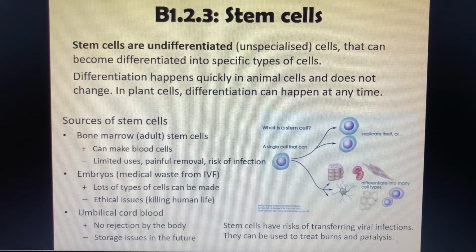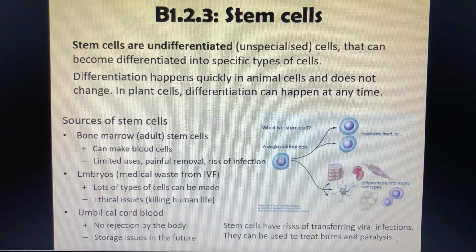And then we've got a new one which won't work for us because our umbilical cords are long gone, but by the time you have children, it might be that you get to store their umbilical cord. And the blood from this umbilical cord can be used to make stem cells for that person that the umbilical cord belongs to, or maybe a close relative.